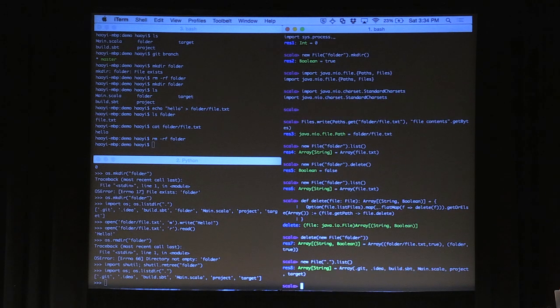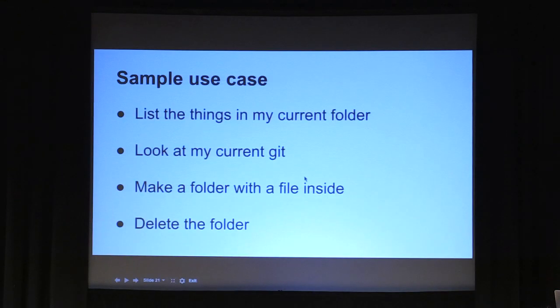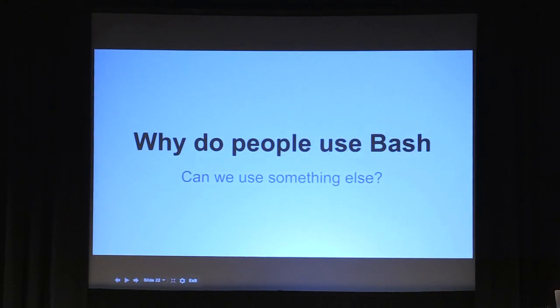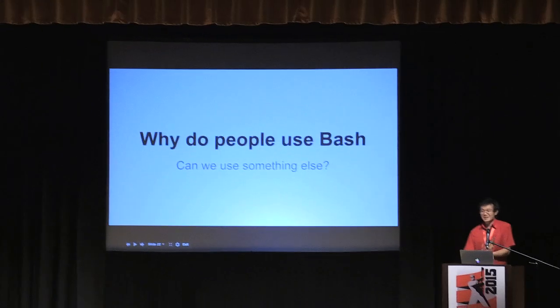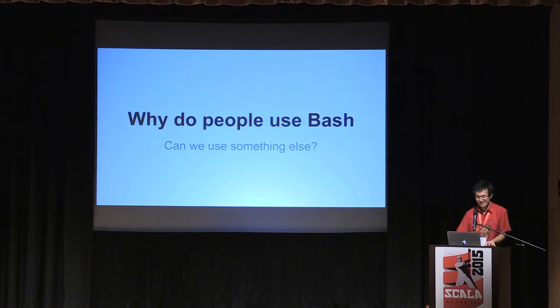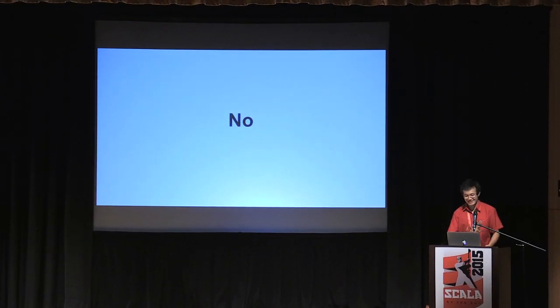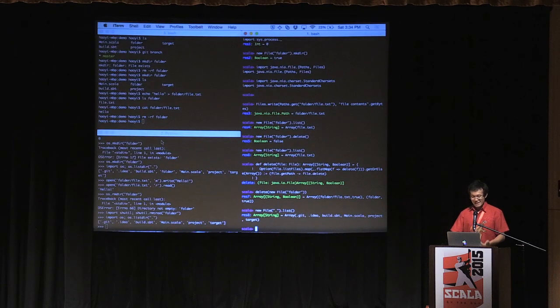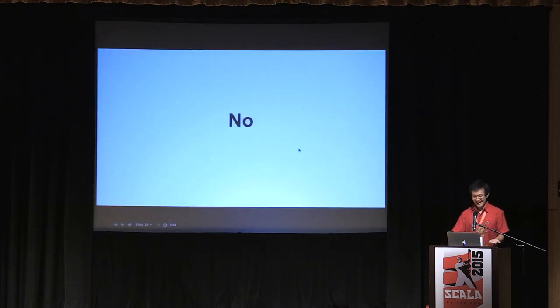Okay, so that probably answers the question of why do people use bash? Can we use something else? And the answer to that question is probably no, you cannot use something else. So even like bash is okay, Python is somewhat clunkier. Doing it in Scala is a huge pain. So why is that?